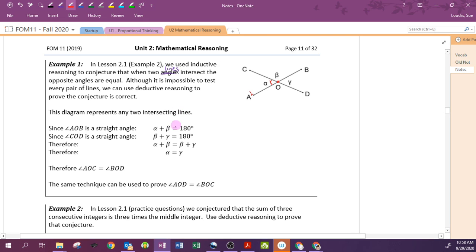Therefore, alpha plus beta has to equal beta plus gamma. And then if I subtract beta from both sides, I'm left with alpha equals gamma. So I've proven using a series of true statements that angle AOC equals angle BOD. Okay, did you follow that? Okay, and I could use the same thing to prove that the other two angles are equal as well.